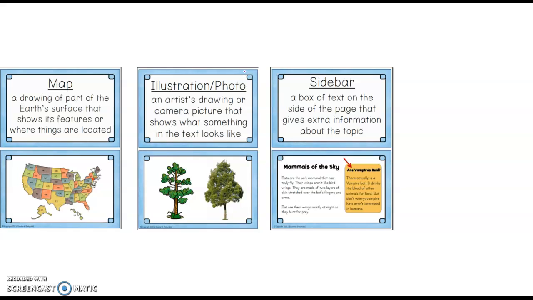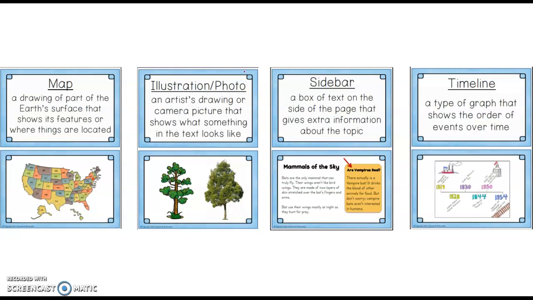You might have a sidebar, which is a box of text on the side of the page that gives extra information about the topic. We saw one of those last week when we read about ice cream. You might have a timeline, which is a type of graph that shows the order of events over time.